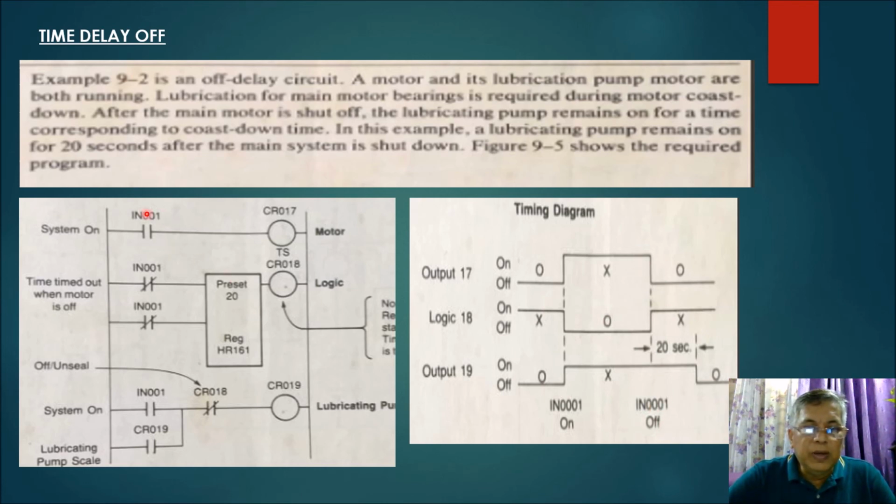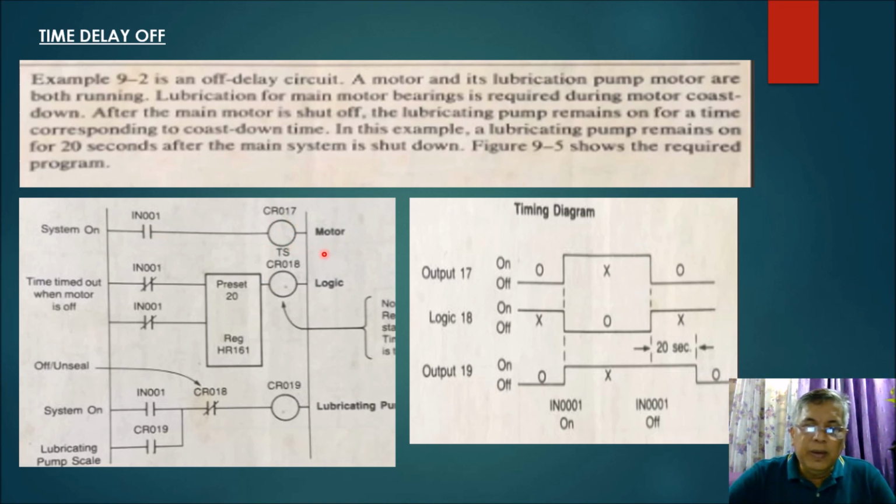If input 001 is turned off, automatically your CR017, which is your motor, will turn off, from 1 to 0. In this particular case, the condition of your input 001 is turned off, meaning you have opened it. So CR017 is turned off.